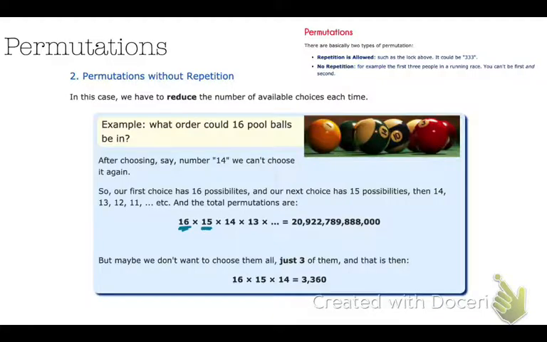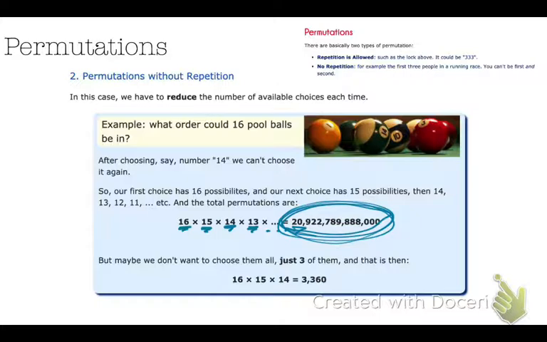And then we have 15 for the next, and then 14 for the next, then 13 for the next, and so on, clear down to 1, and there are this many choices for how to order those pool balls, which is crazy because there's only 16 of them. It kind of blows your mind, right?